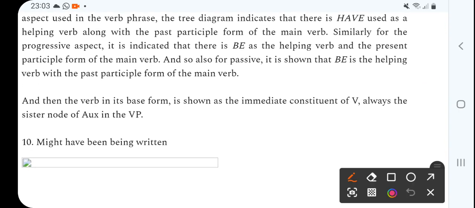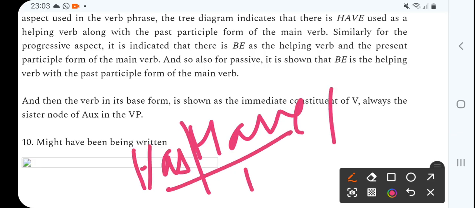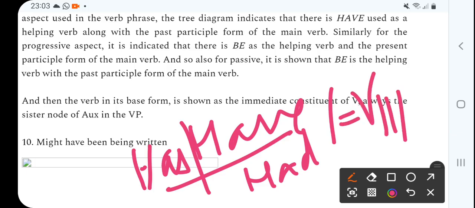So that have is have, has, and had. Always these are called perfective, right? Always followed by the third form of the main verb. This way also you can remember.